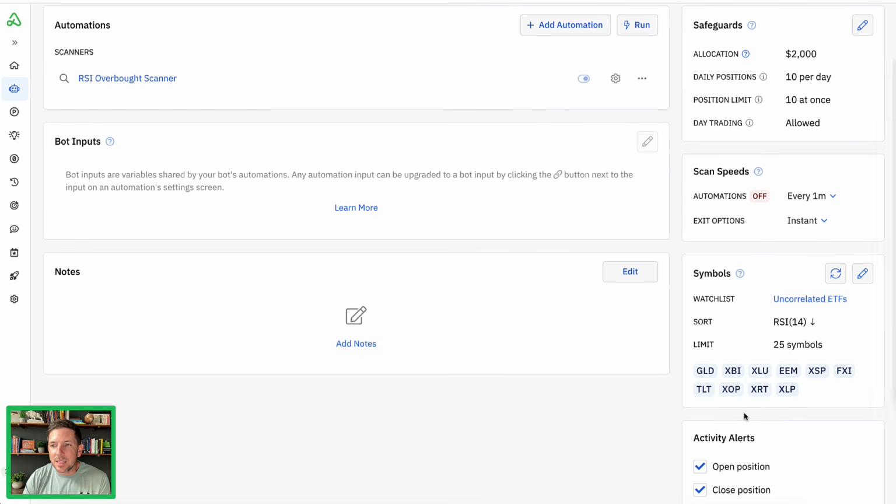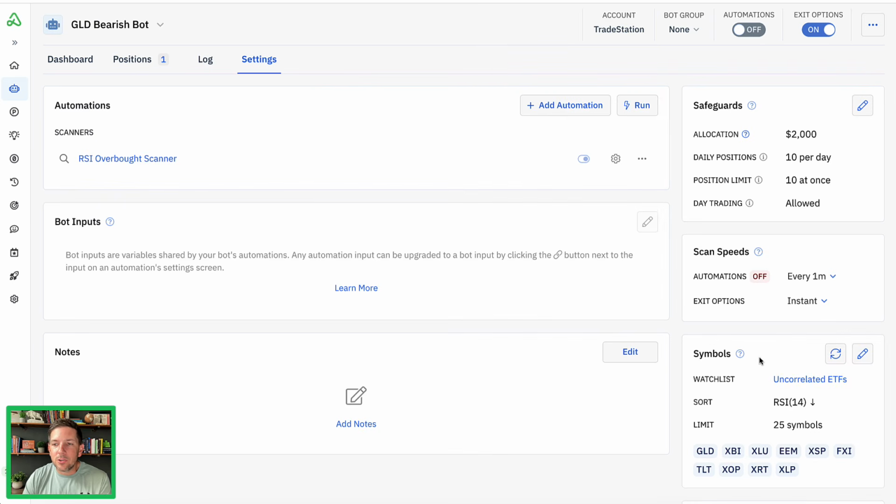So now I have this list of potentially 25 symbols that have high RSI in descending order. That's a really easy way to find those positions constantly. And this list will update every single minute of the trading day. So as different levels change or as different symbols have different metrics, that list will be more dynamic as you keep going. And then finally, what you want to do is you simply want to turn on your automations.